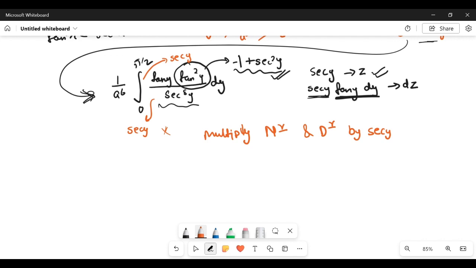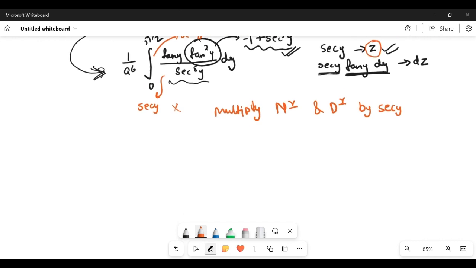Ultimately we are going to convert everything into the z domain. Let's not put the limits right now.